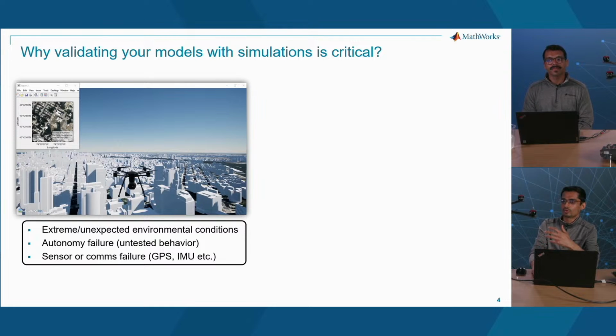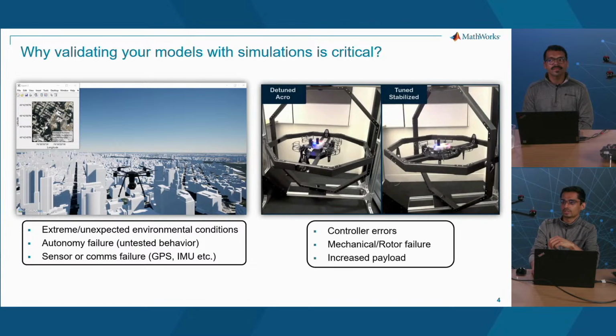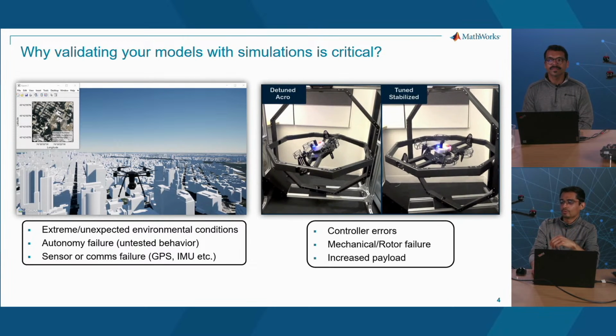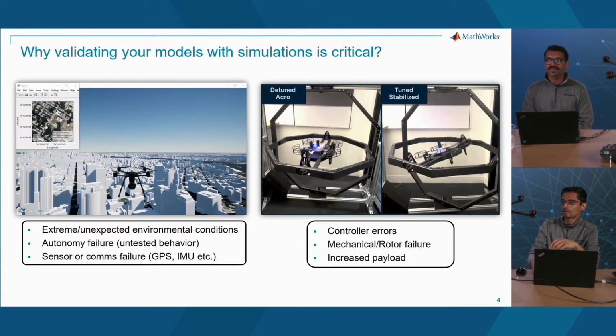Right. You have these drones autonomous, the algorithms might not behave the right way. There could be sensor failures like loss of GPS signal or IMU malfunction. And we really want to simulate all these situations in advance and to predict the behavior of the drone in these situations.